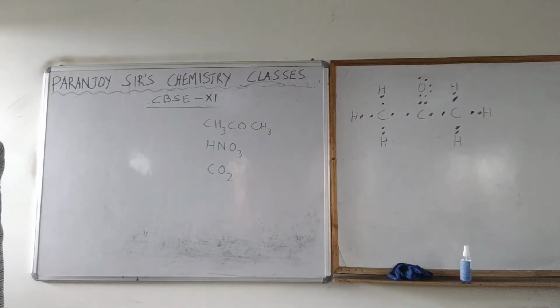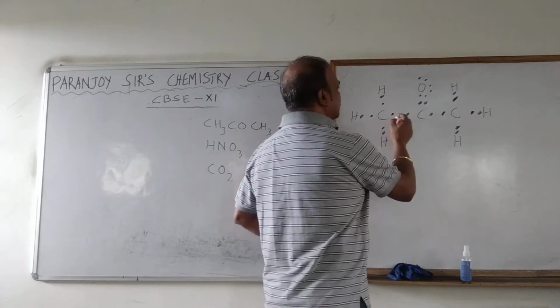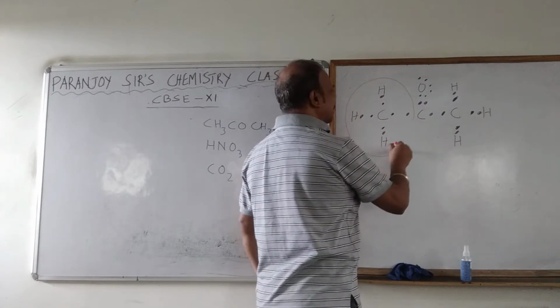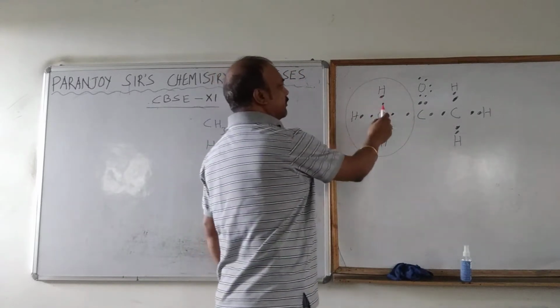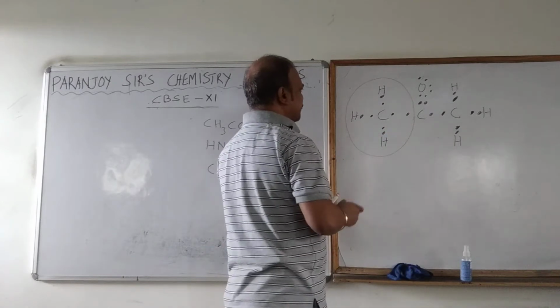I'm using different colors so that it will be easier for you to understand. So this carbon, you can see, if it is like this, how many are there? 1, 2, 3, 4, 5, 6, 7, 8. The carbon is fulfilled.